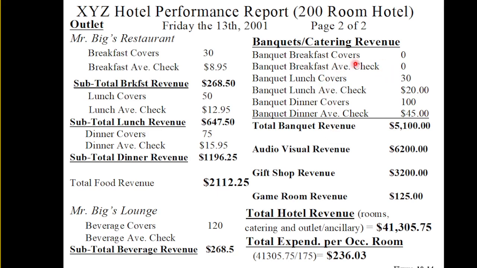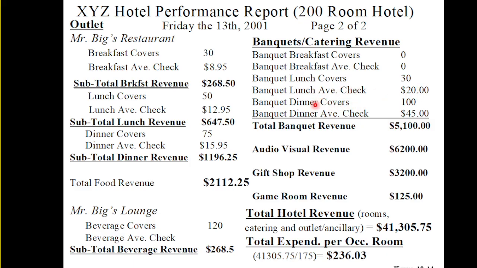Okay, banquets and catering revenue. For breakfast covers, we have zero. That is why they didn't add the average check per head. But for lunch, we have 30 heads, and the average check is $20 per head.